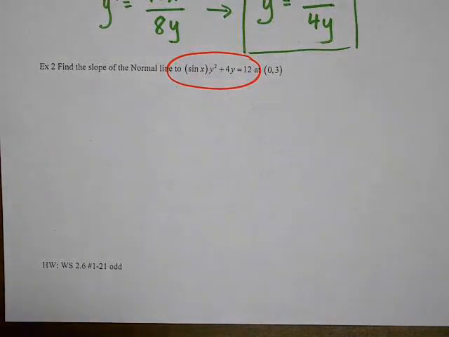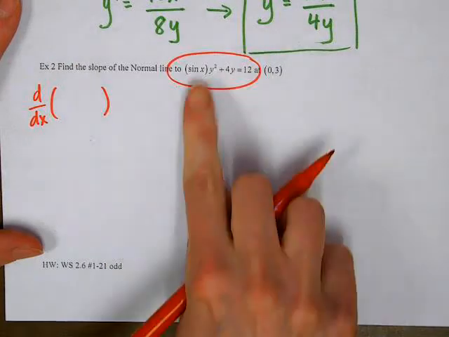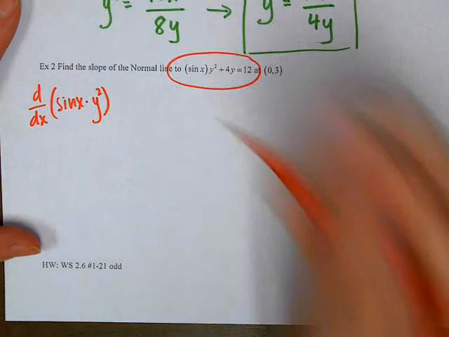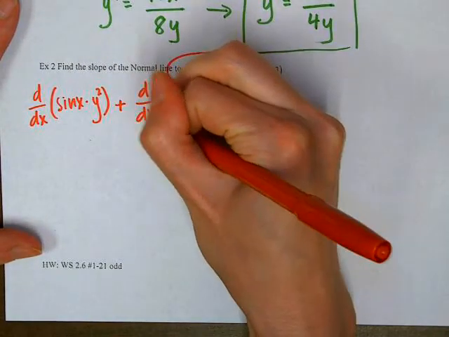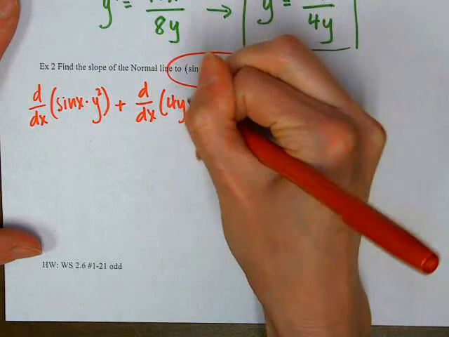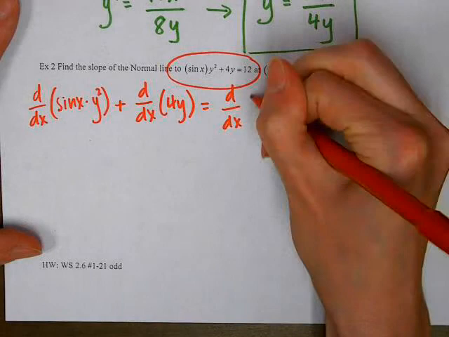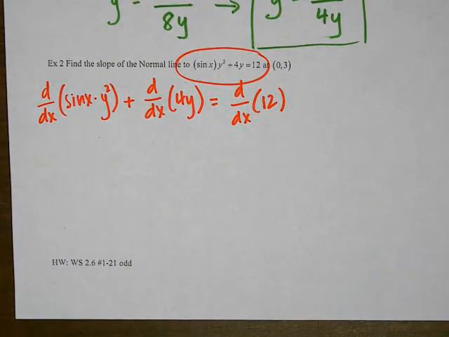Okay. So we need to find the derivative in terms of x of the first term, which is sine x times y squared. And then we need to find the derivative of the second term, which is 4y, equals, and then we need to find the derivative of the 12, which is the constant term. Okay, so let's go ahead and do each piece.